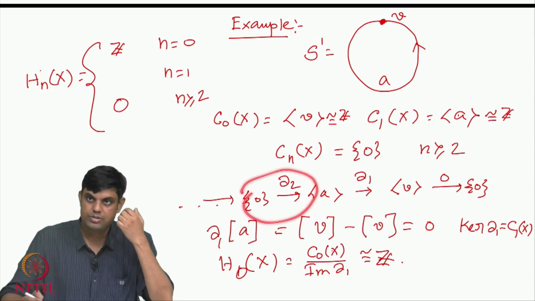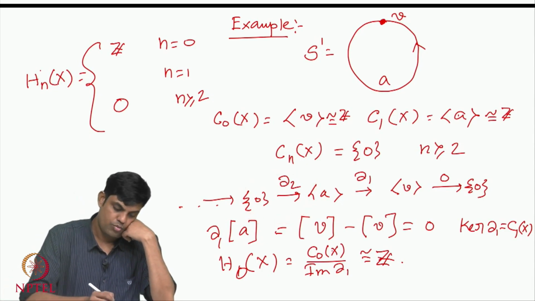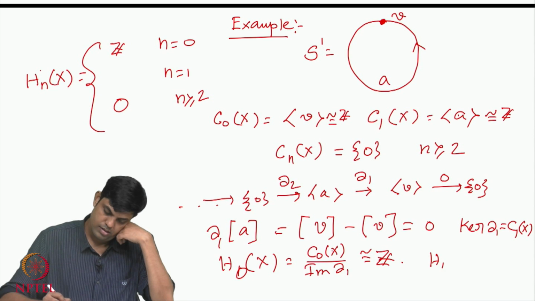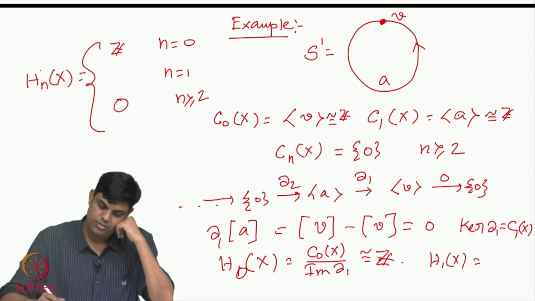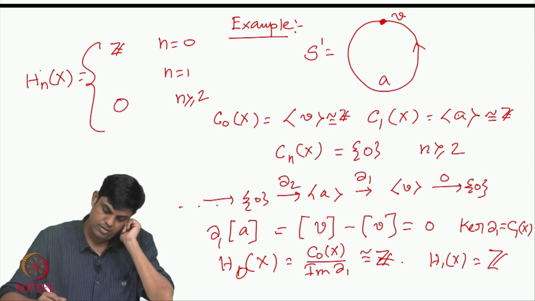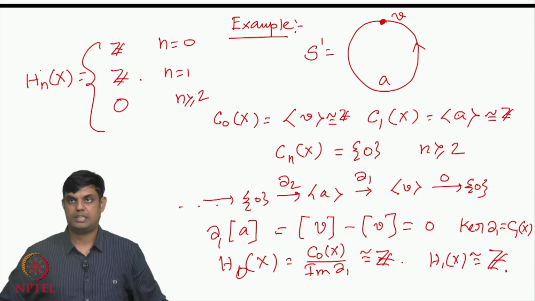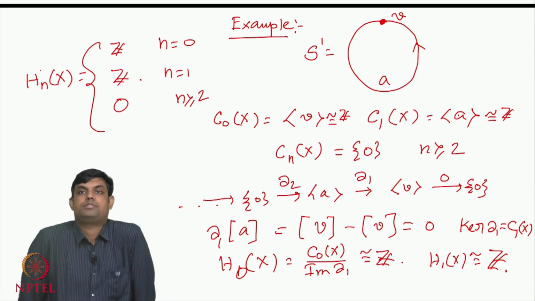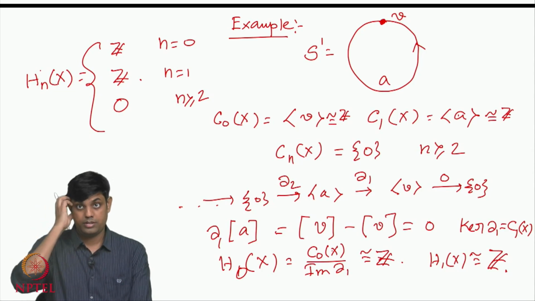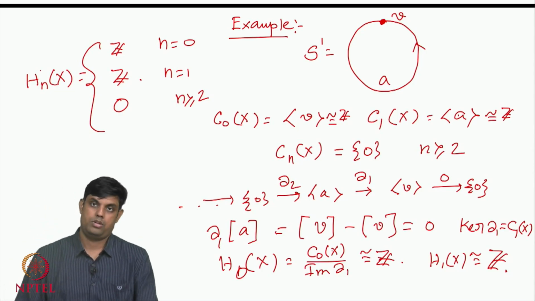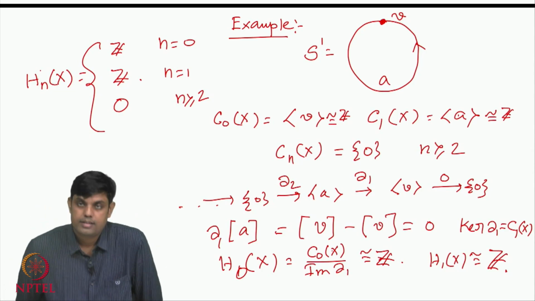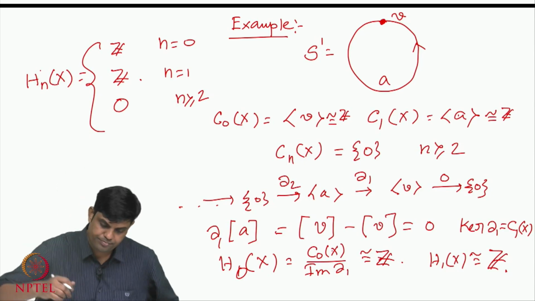So, the image of delta 2 is 0. Therefore, H1 which is kernel of delta 1 which is C1 of x which is Z quotiented by 0. So, this is isomorphic to Z. So, for circle we have seen that 0th homology group is Z, first homology group is also Z, n greater than or equal to 2 homology group is 0.